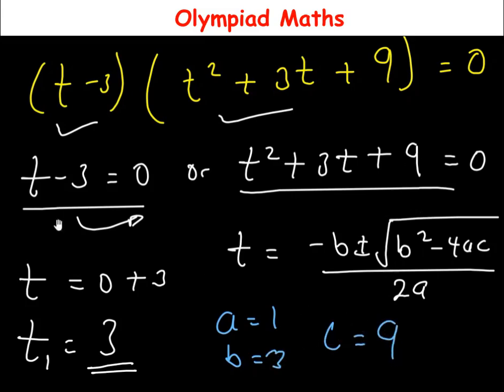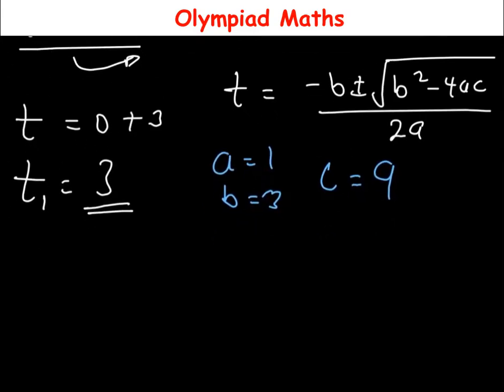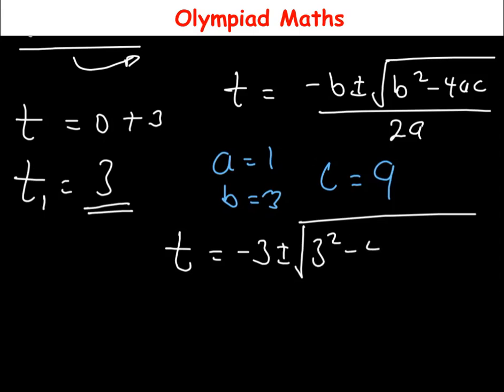So to solve for the value of t, t is equal to minus b, b is 3, so minus 3, plus or minus square root b squared, 3 squared, minus 4 times a, which is 1, times c, which is 9, then all over 2 times a, which is 1.